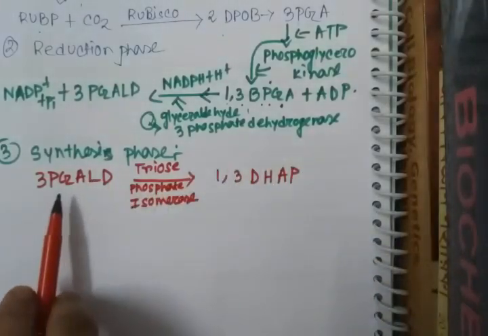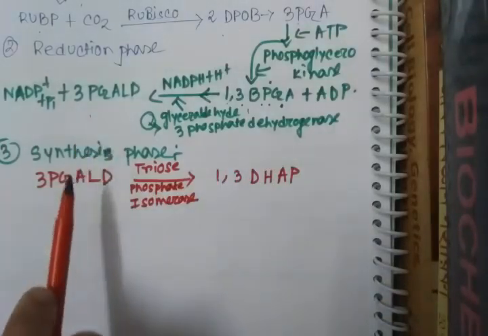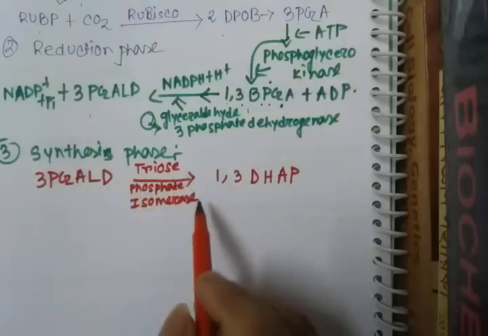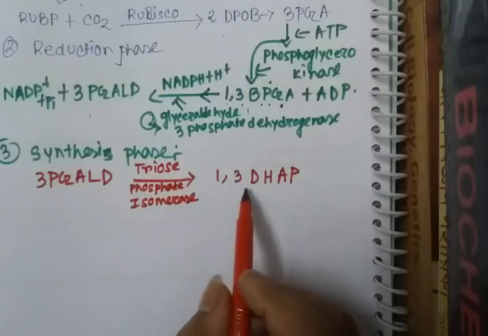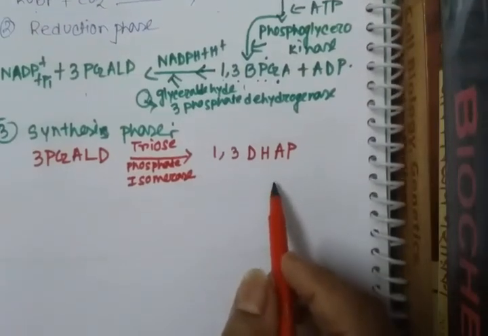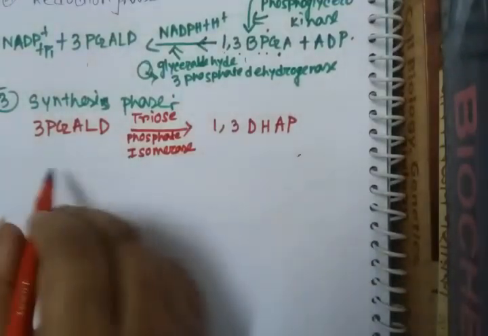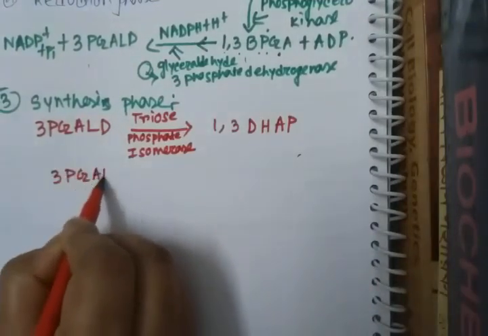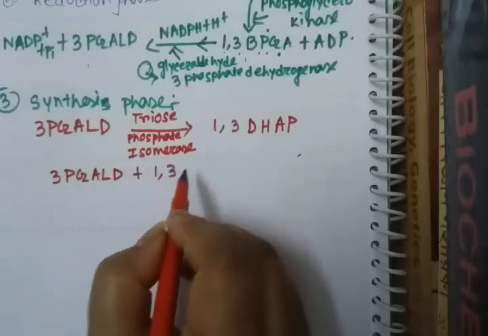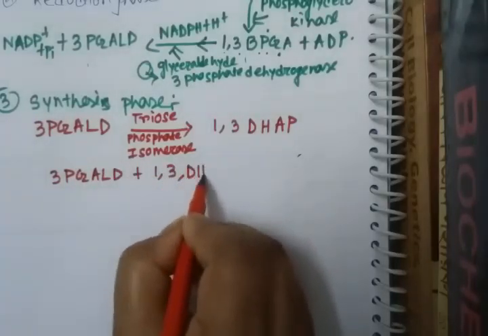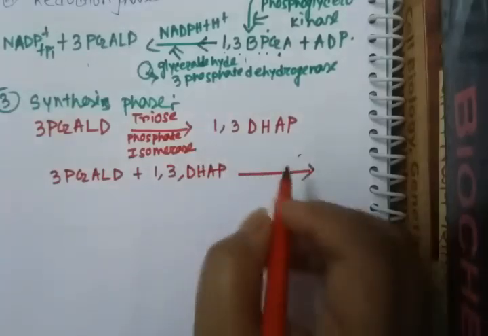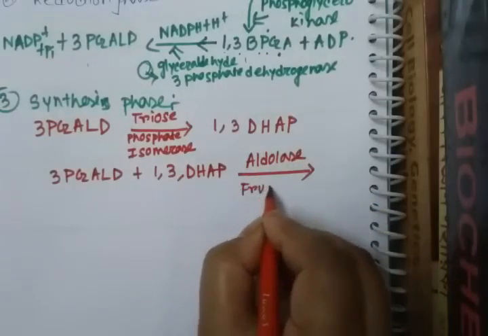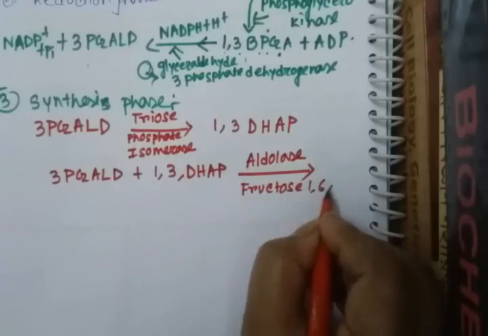So the 3-PGALD, which is formed in the reduction phase, will enter into the synthesis phase, and with the help of triose phosphate isomerase, it will form dihydroxyacetone phosphate. And the 3-PGALD also acts with the DHAP, and with the help of the enzyme aldolase, it will form fructose 1,6-bisphosphate.